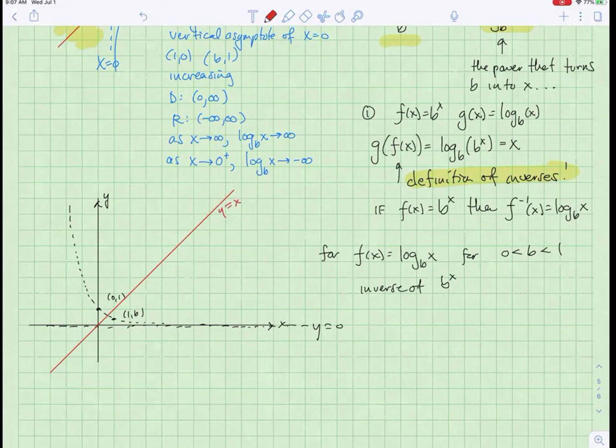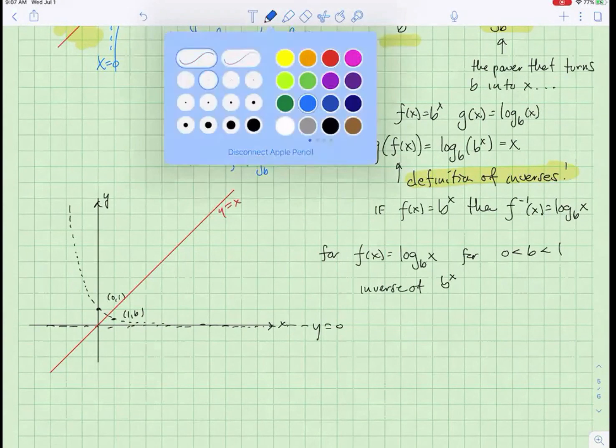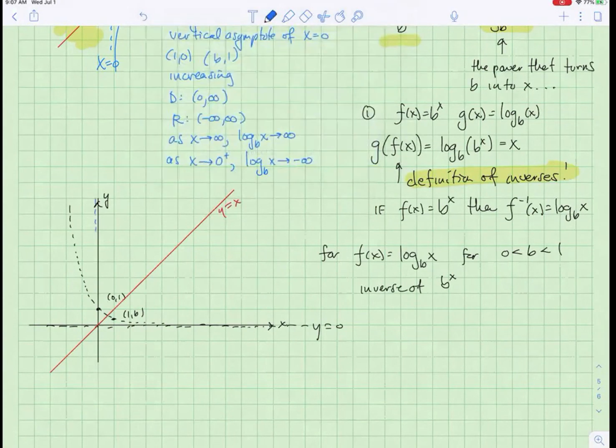And this curve is a little bit different. It's still going to have a vertical asymptote of x equals 0. And it will go through the points 1, 0, and b, 1, although b is a lot smaller now.